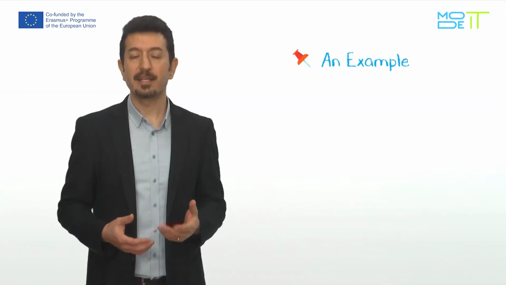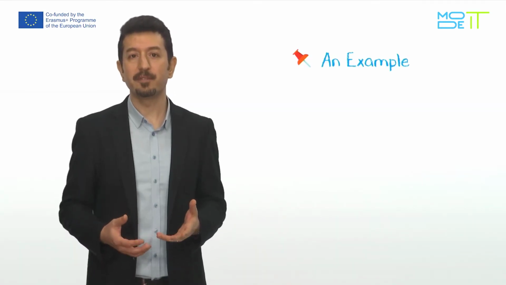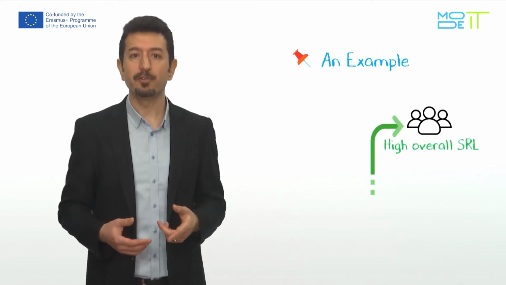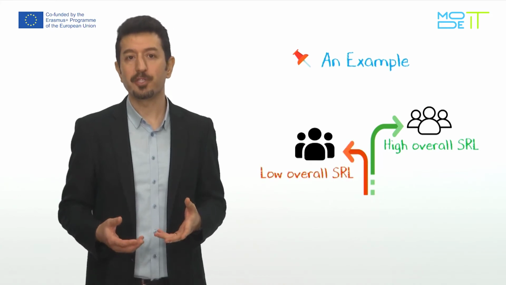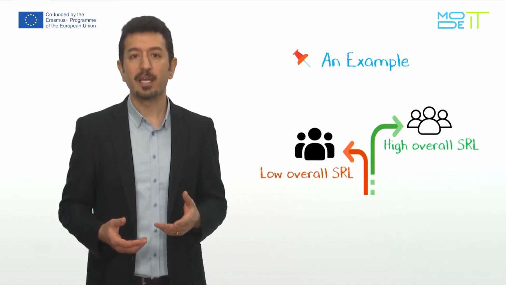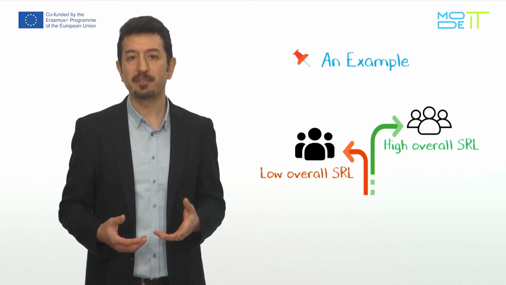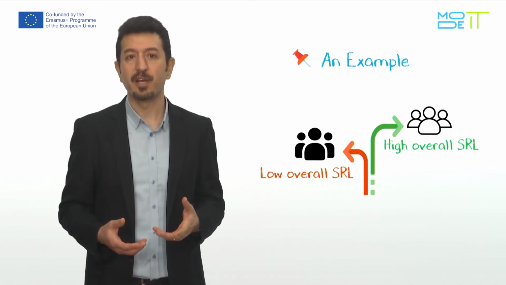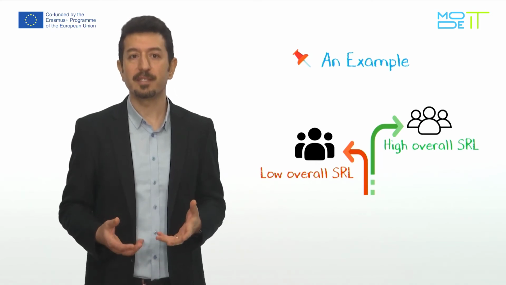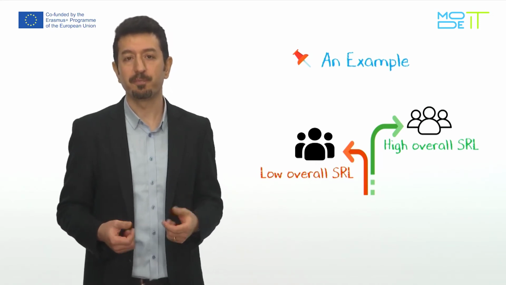A study examining the differences in behavior between MOOC participants classified them as having high overall self-regulated learning scores and those with low overall scores. In the study, it was seen that there were differences between how learners with high overall self-regulated learning scores and low overall self-regulated learning scores conceptualized the learning environment of the MOOC.